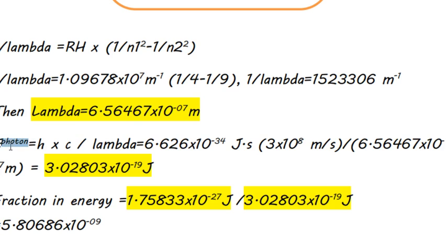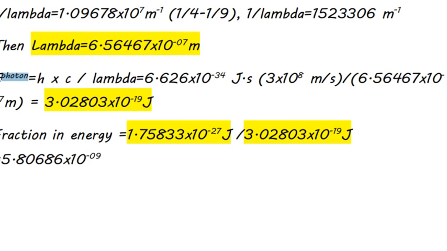Now the energy of the photon, as a known equation, is Planck constant multiplied by speed of light divided by lambda. So this is a constant value multiplied by the speed of light divided by the lambda we just calculated in the above equation.